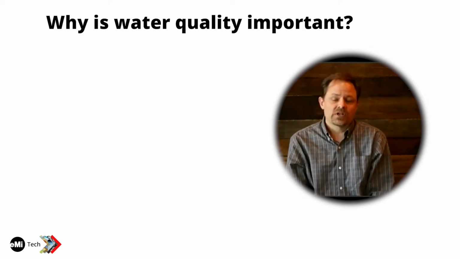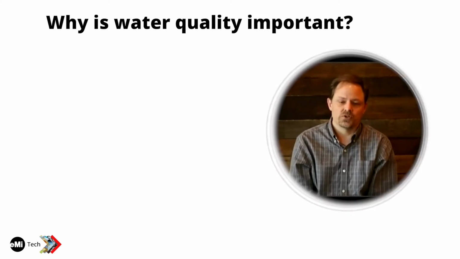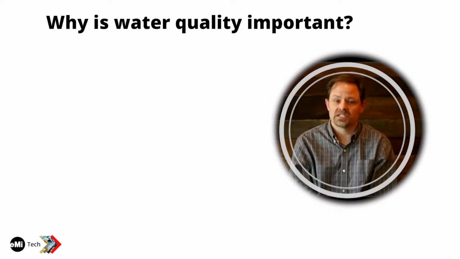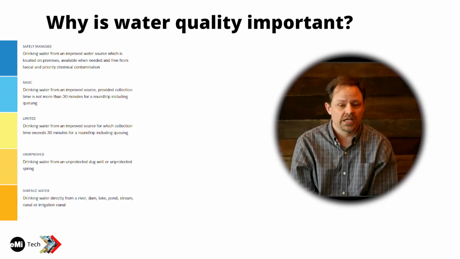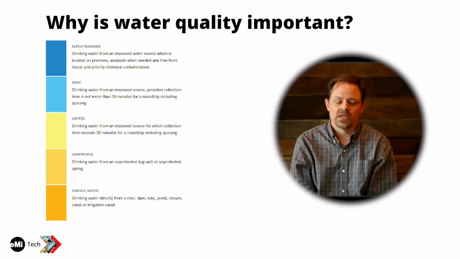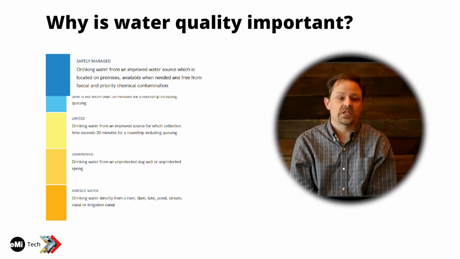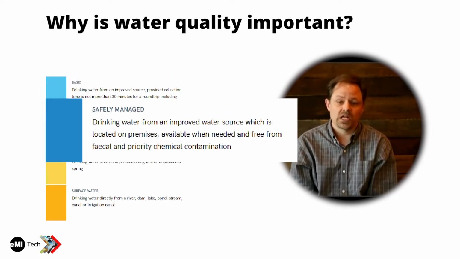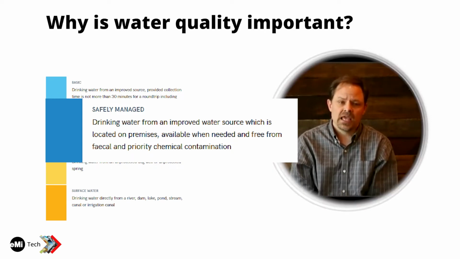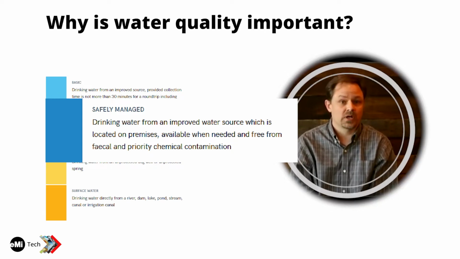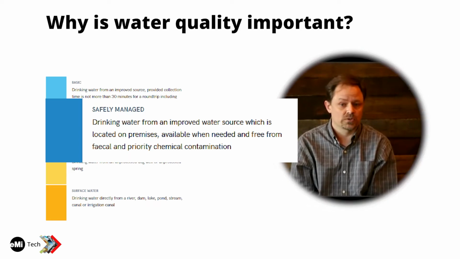Well, the World Health Organization has what they call the drinking water ladder. And essentially what they do is they break up everybody's water supply into 5 categories. At the top of the ladder is what they call safely managed water supplies. These are water supplies that should be safe for consumption, and they're also piped onto the premises of households.